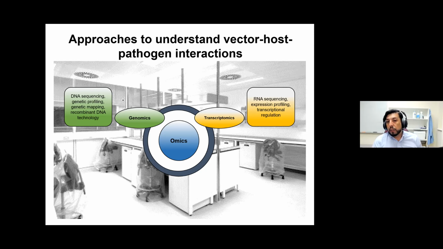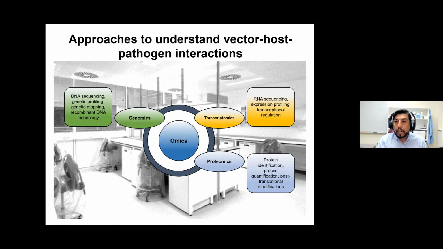I have always been working with transcriptomics, in which we do RNA sequencing and determine the expression profile, with the final goal of determining how the transcription is being regulated. But it's not only that you have the genes expressed, transcribed, you also need to study what happens post-translation.